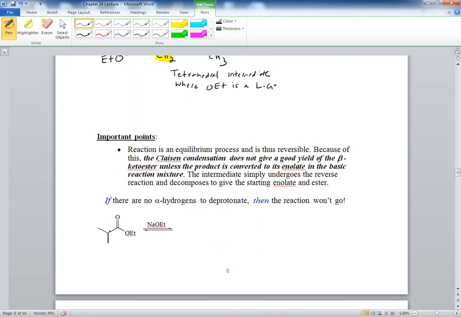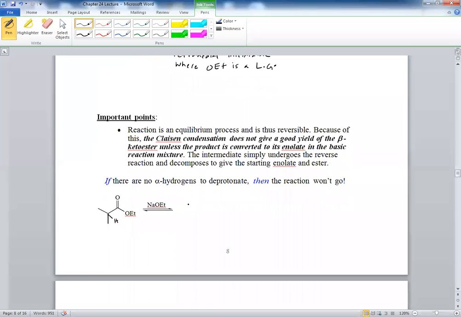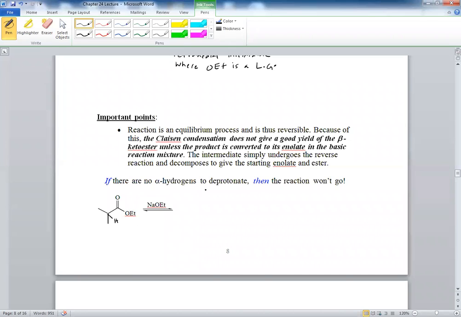So for example, this alpha hydrogen is hard to deprotonate to begin with, and then even if it gets deprotonated, we encounter a problem when it reacts with itself.